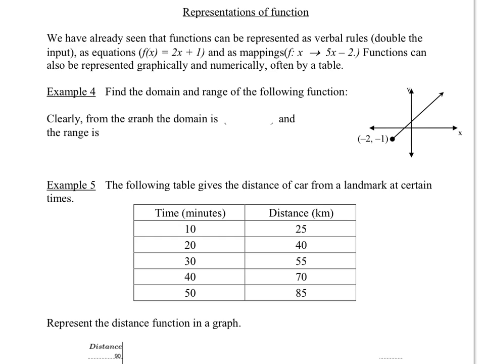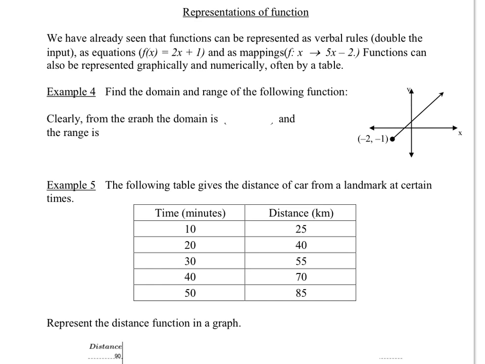So, if we look at this graph, would it be possible for us to say what the domain of this function is and what the range of this function is? Well, for the domain, we have to look at all the possible x values.